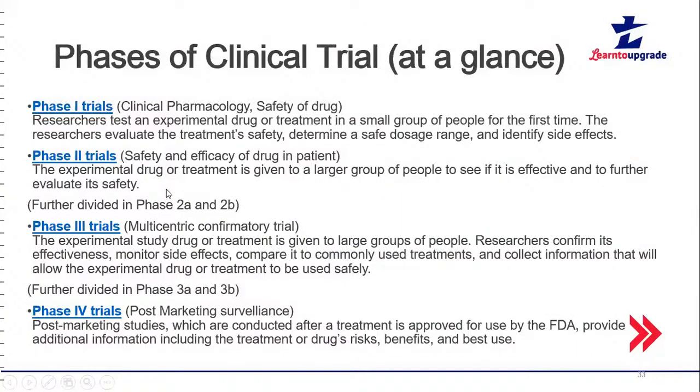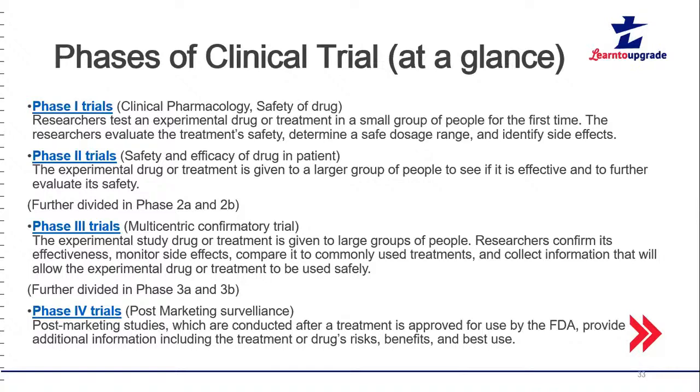This is something which I have just mentioned. One more thing, phase 2, you may find in some books or some studies when you start reading, can be further bifurcated into phase 2A and 2B. Now phase 2A, what is that? The 2A part is actually to understand the best dose or dose relationship.